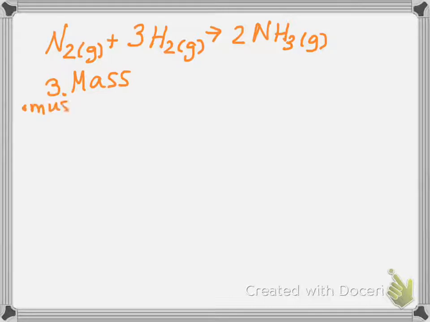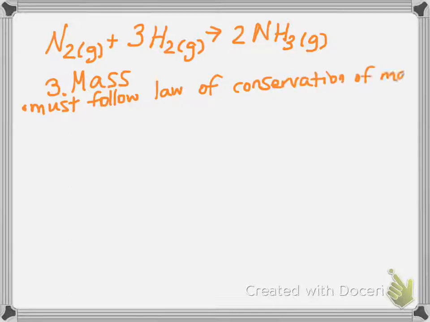So we know that balanced chemical equations must follow the law of conservation of mass, which is going to mean for us that the mass of the reactants has to equal the mass of the products.